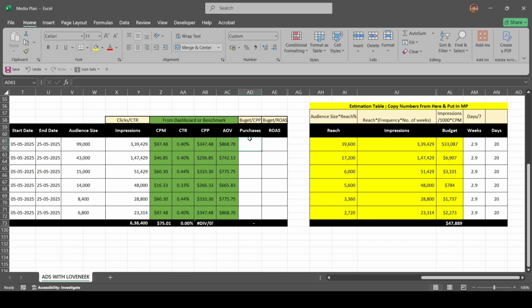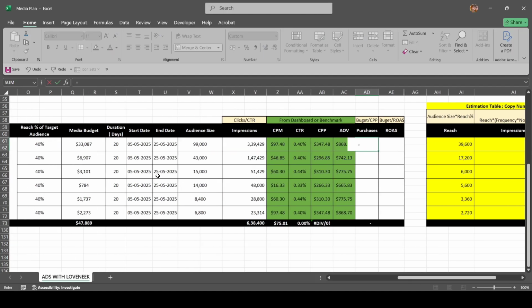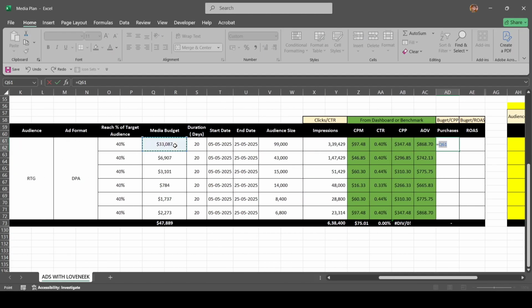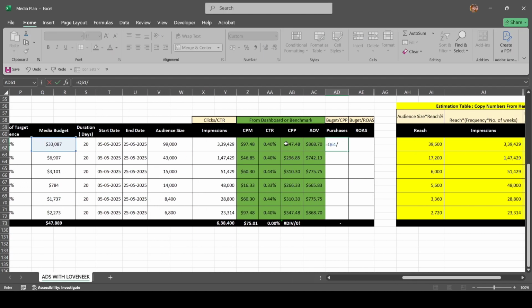So for purchases, what we just need to do is we need to take the budget and divide it by cost per purchase. That's how we will get our planned purchases.